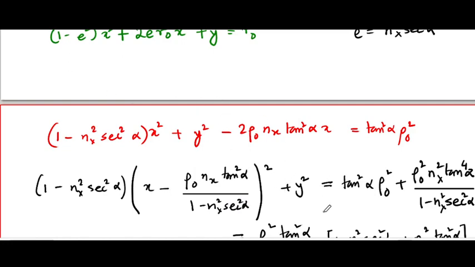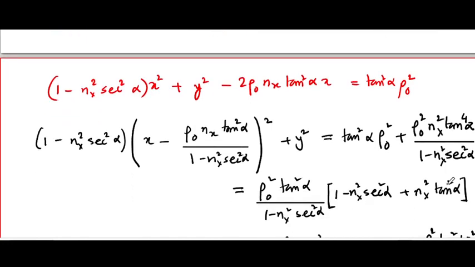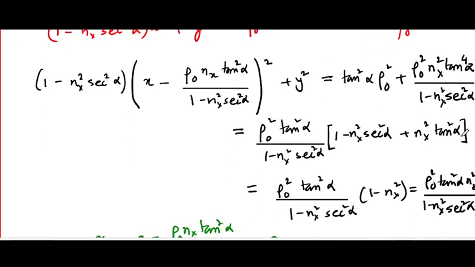Y square stays as it is. There is an additional term which comes in because of the square of this term on the left hand side, so you have to add that to the right hand side as well. And when you simplify the right hand side a bit by taking rho 0 square tan square alpha divided by this common factor, you get 1 minus nx square sec square alpha from the first term, nx square tan square alpha from the second, and therefore everything boils down to simply rho 0 square tan square alpha by 1 minus nx square sec square alpha.